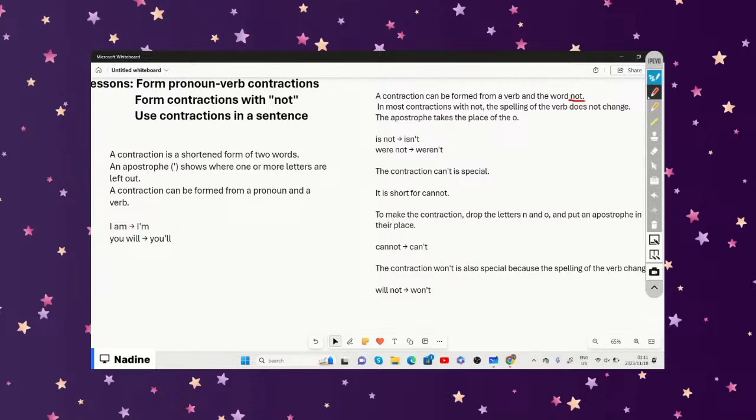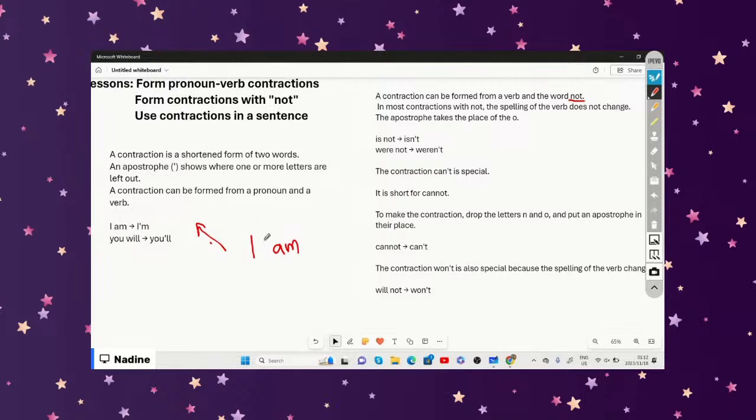And in most of our contractions with the word not, the spelling of the verb does not change, right? It's the same like we said, the pronoun does not change. For example, I, which is the pronoun, am is the verb.